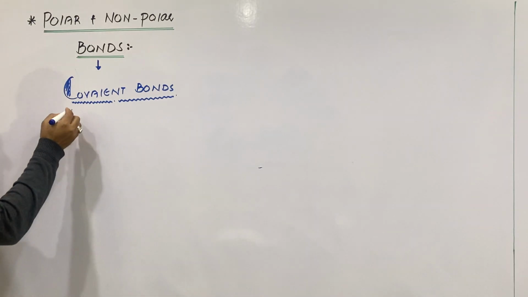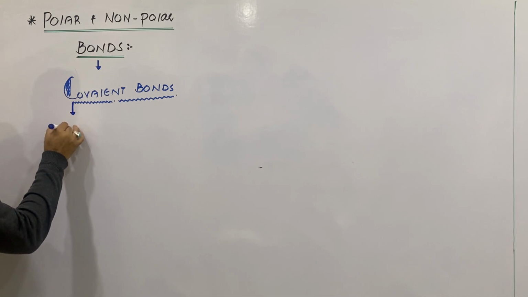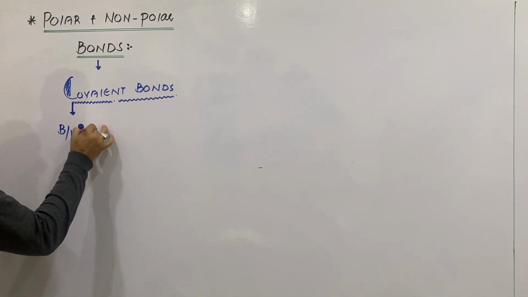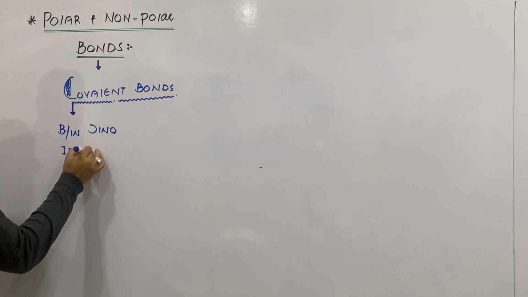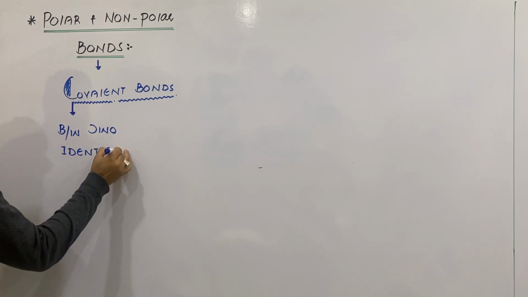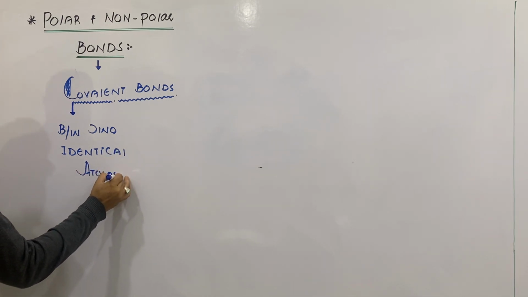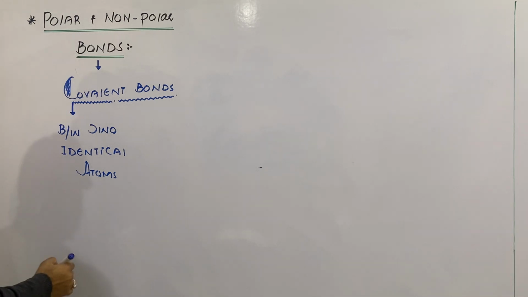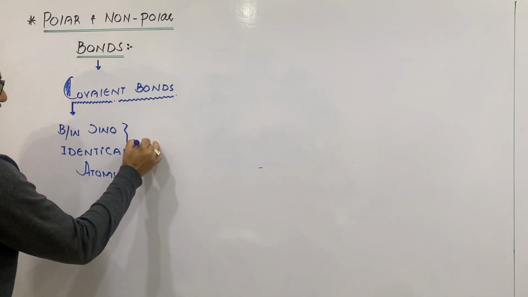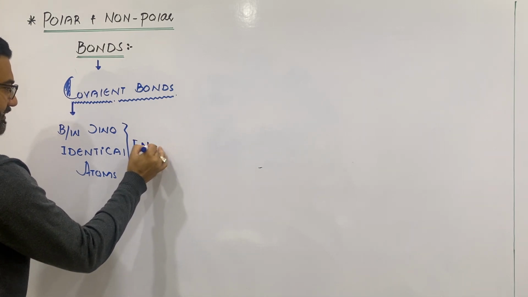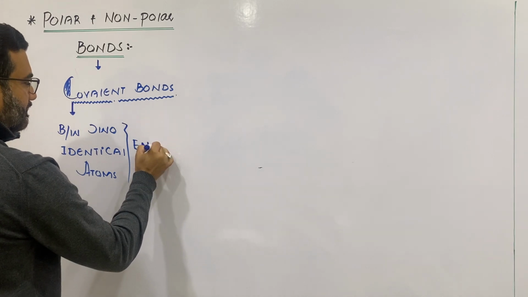The first one is that a covalent bond is formed between two identical atoms. When the covalent bond is formed between two identical atoms, here the difference of electronegativity will be 0.